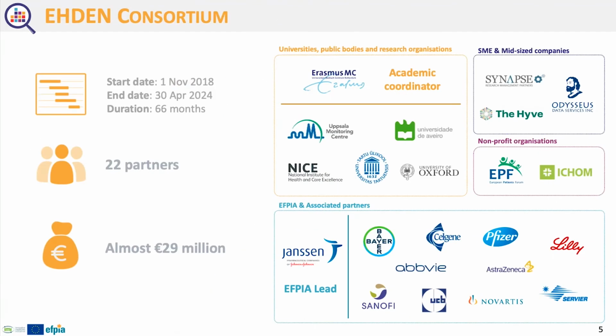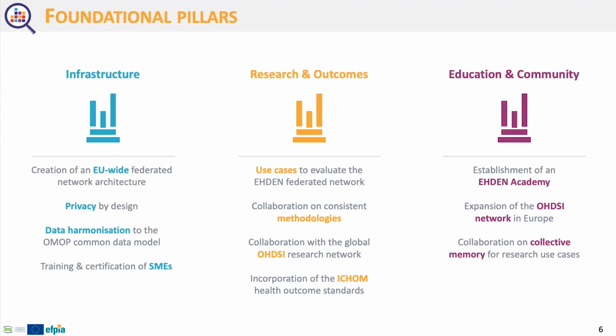As you can see, the EHDEN Consortium, which is being jointly led by the Erasmus Medical Centre and Janssen, and the 22 partners, represents a collective strength that will serve the creation of a federated network really well. It contains the infrastructure that is created through an EU-wide federated architecture.